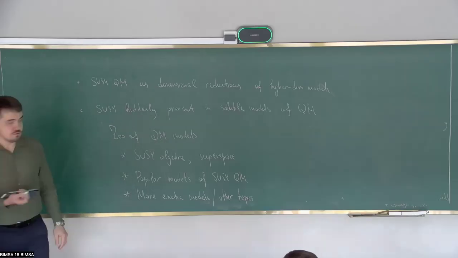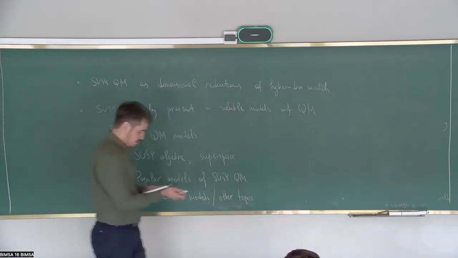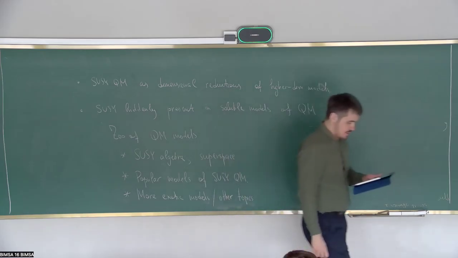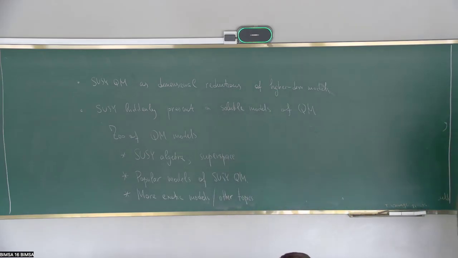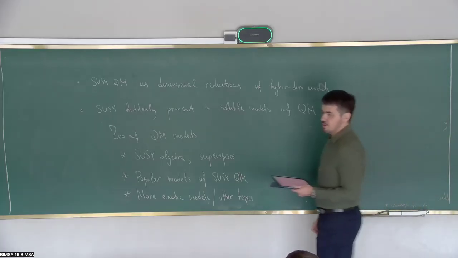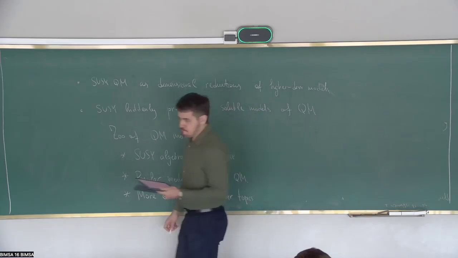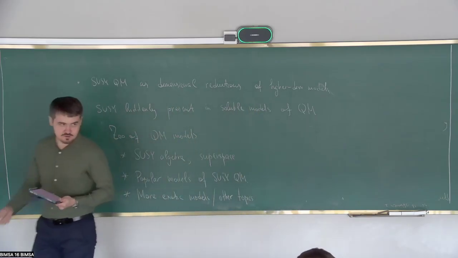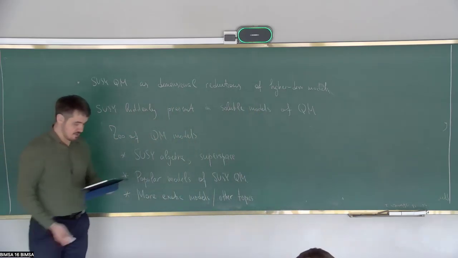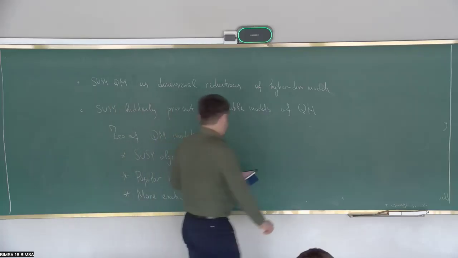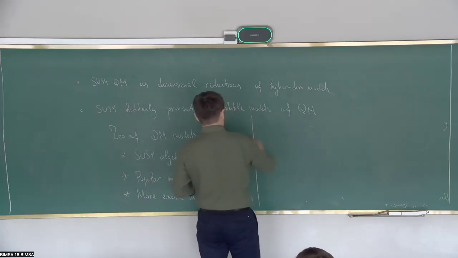There are in principle lots of results on supersymmetric quantum mechanics. Most of them are in papers. There is not that much literature where everything is consistently formulated as a course and assembled together.